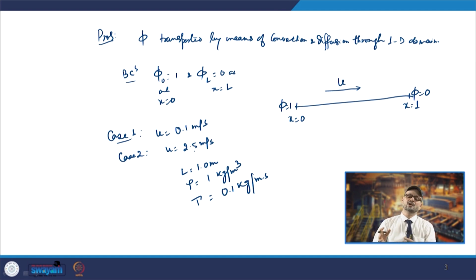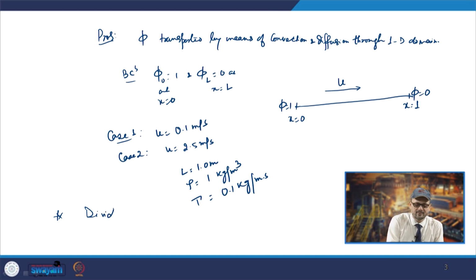If you change the number of points or number of control volumes, the Peclet number also is affected. But we will start with 5 control volumes. So we will divide this whole domain into 5 control volumes.